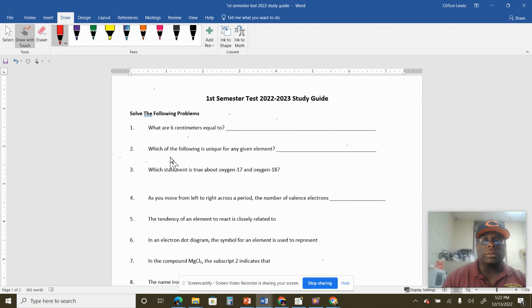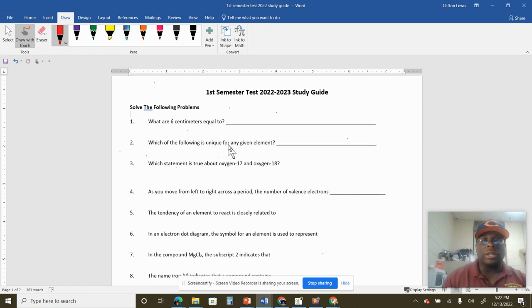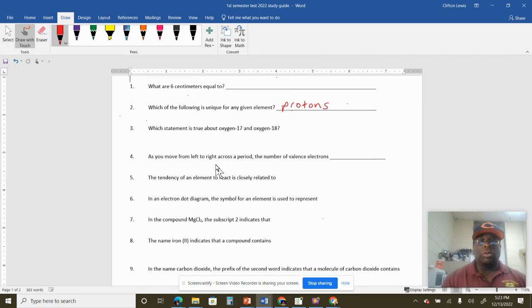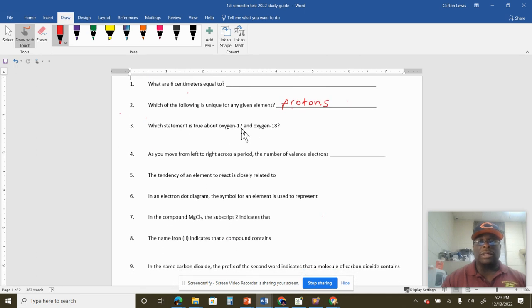Let's try the next one. Which of the following is unique to any given element? That would be the protons. Protons are unique. Number of protons. Okay. Which statement is true about oxygen 17 and 18?